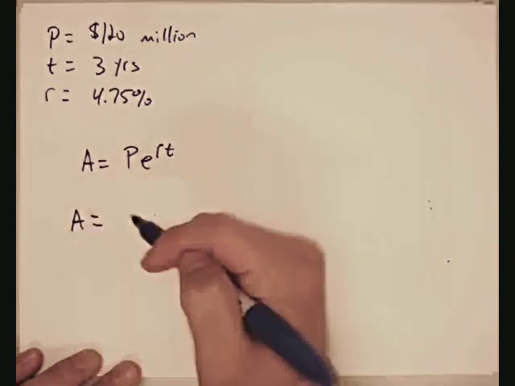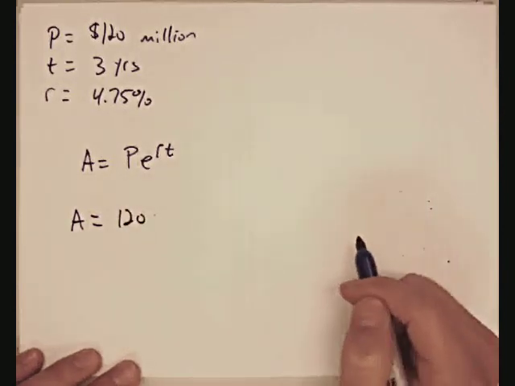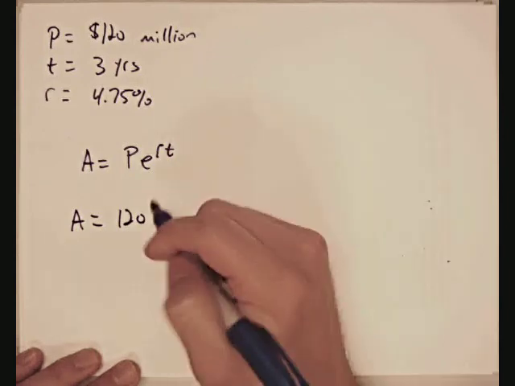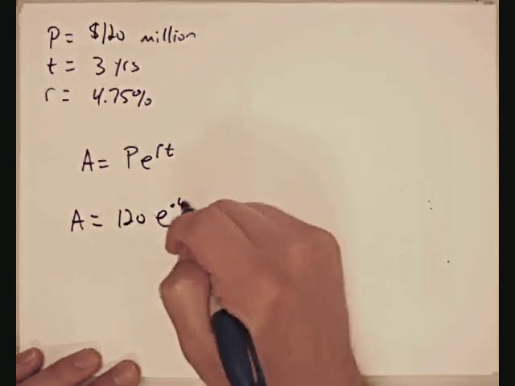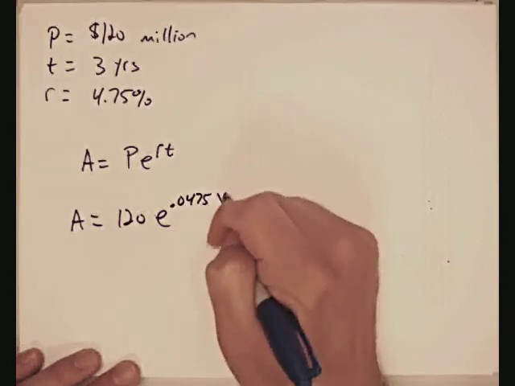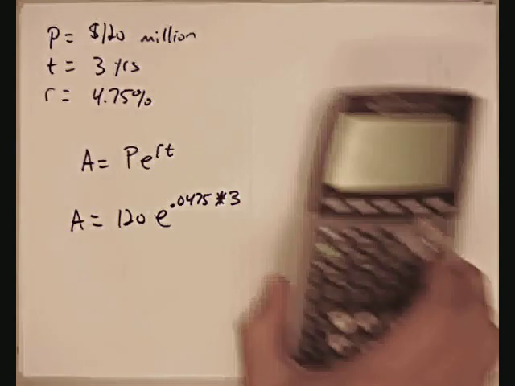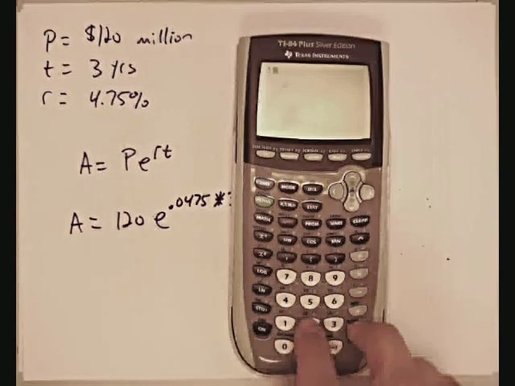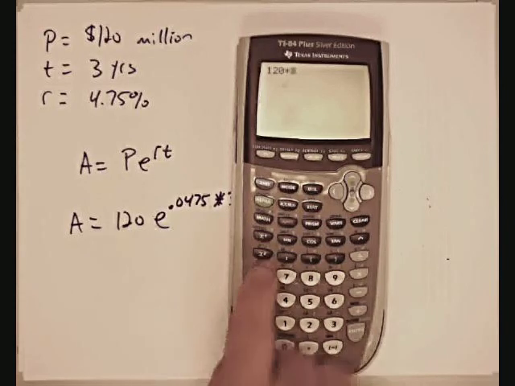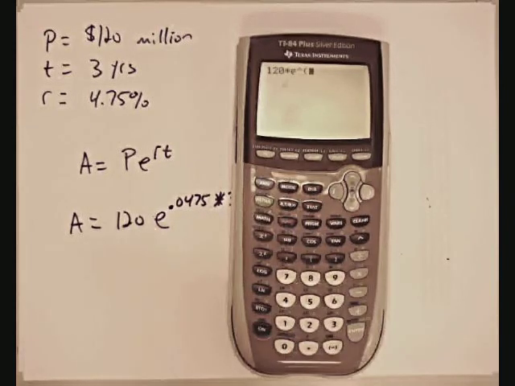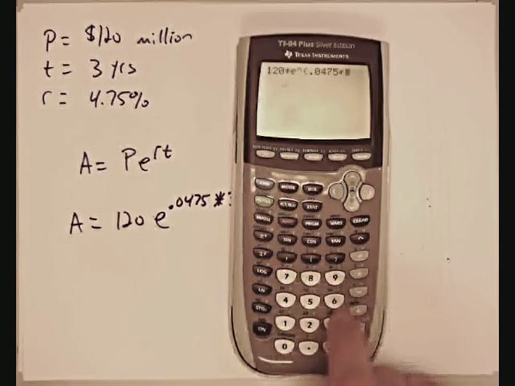So putting in our values, 120 million, we can just use 120. Remember that your answer will be in millions though, times E to the 0.0475 times 3 power. So on your calculator, 120 times, again, your E button is here, second, and then your E button, 0.0475 times 3 power.